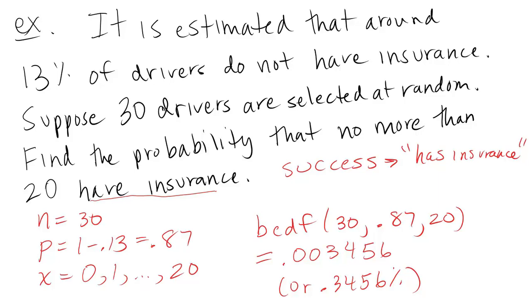So very small probability that no more than 20 have insurance. It'd be much more likely that more than 20 have insurance. And again, that makes sense because 87% of people have insurance. And so the more likely scenario is that we have closer to 87% of our sample having insurance. So the small probability isn't surprising here.